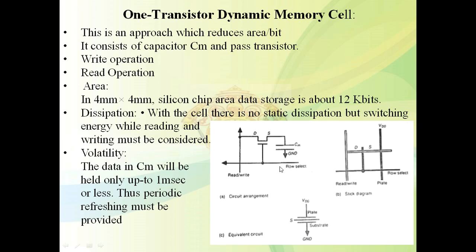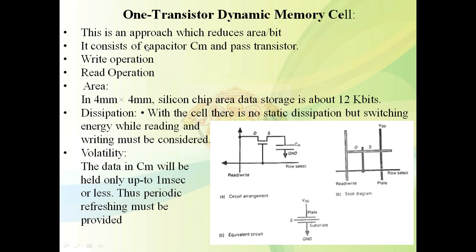This is the capacitance, nothing but the gate capacitance or transistor capacitance. Therefore data will be stored onto this gate capacitance, and only one transistor is required. This approach reduces the area and it increases the number of bits per chip.